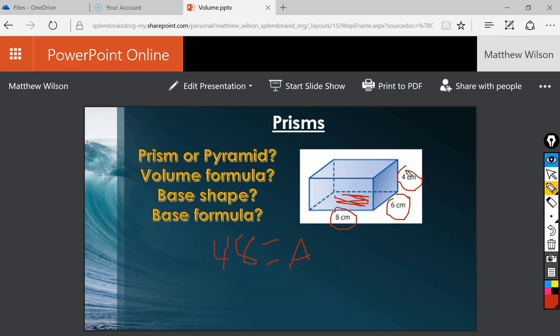So we're just going to do volume equals the area of our base, so 48, times 4.